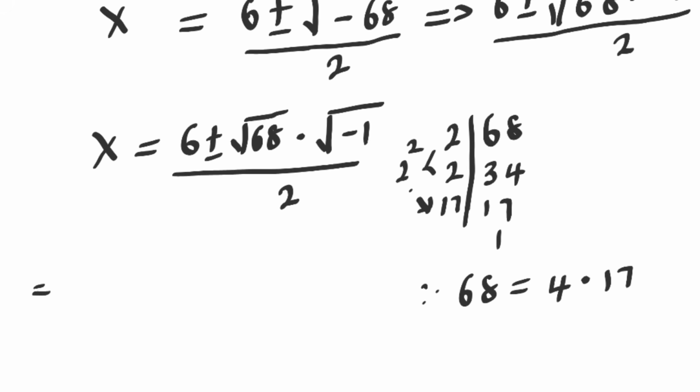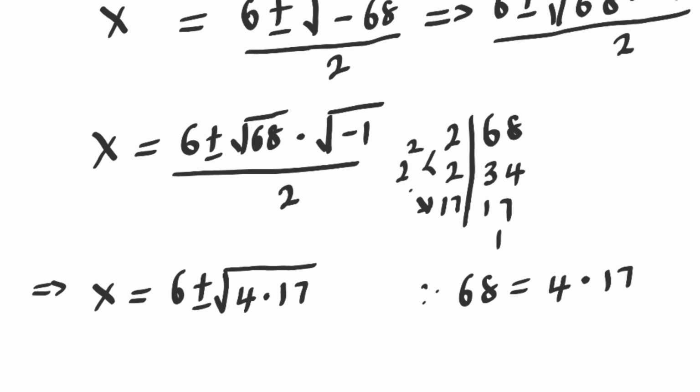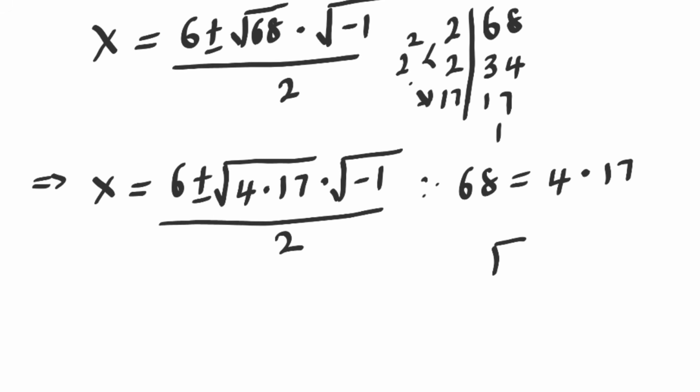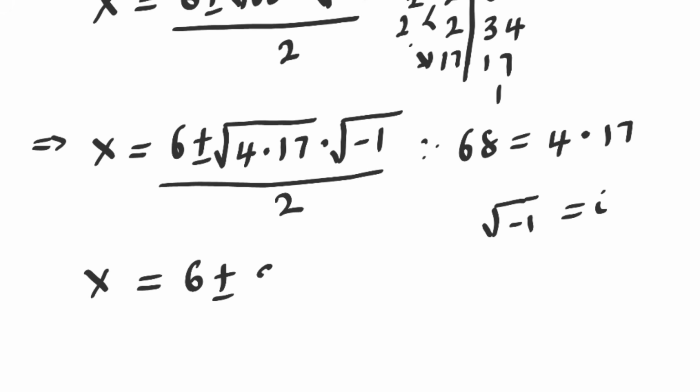Then x is equal to 6 plus or minus square root of 68, which can be written as square root of 4 multiplied by 17 multiplied by square root of minus 1, divided by 2. Square root of minus 1 is equal to i. x is equal to 6 plus or minus square root of 4 is 2.